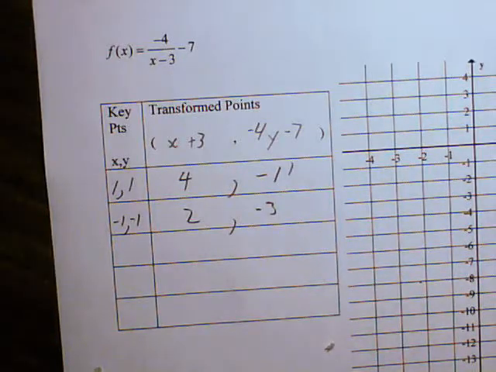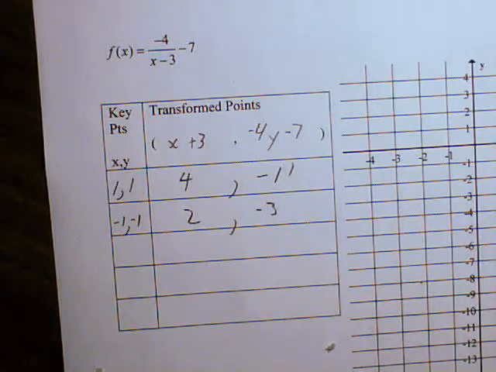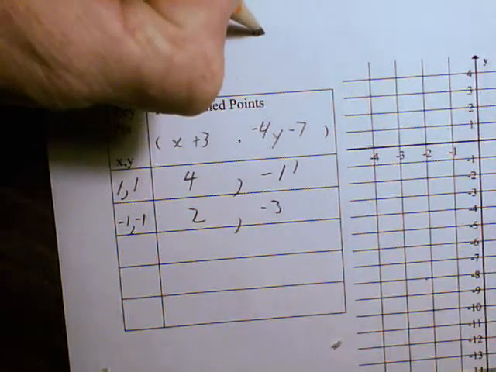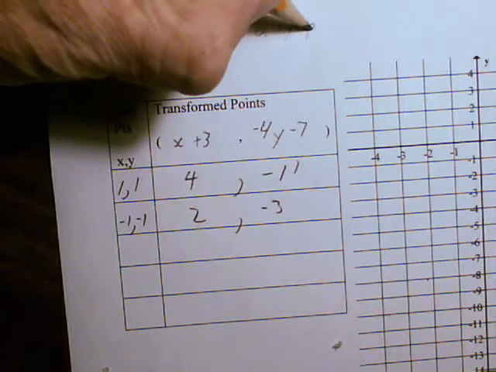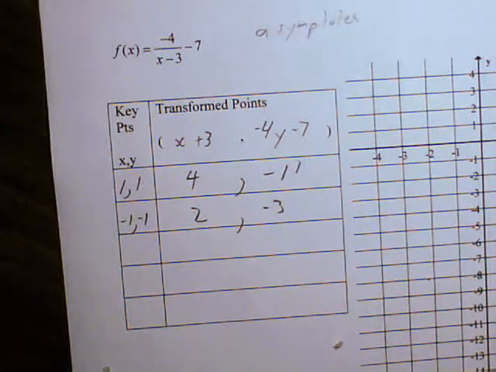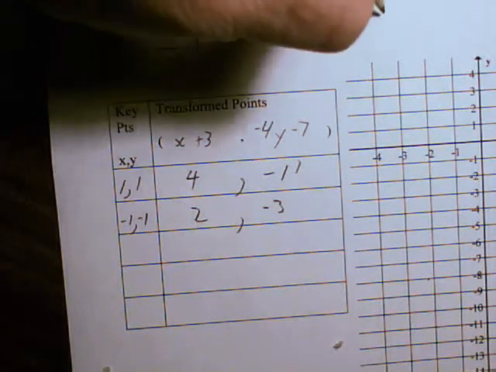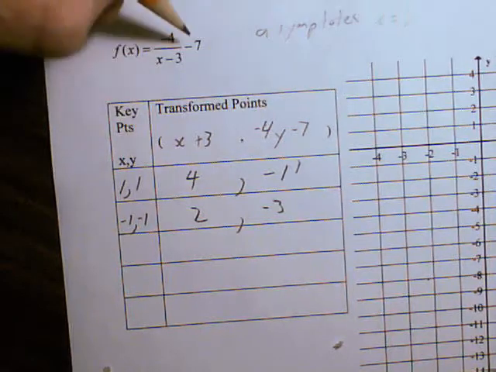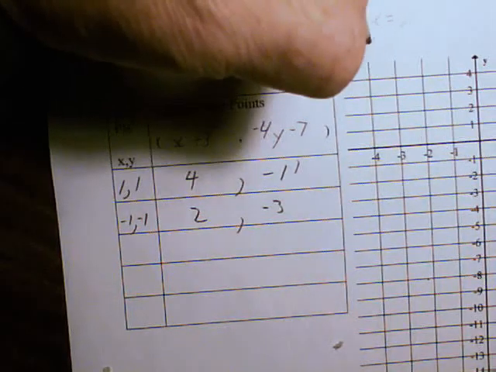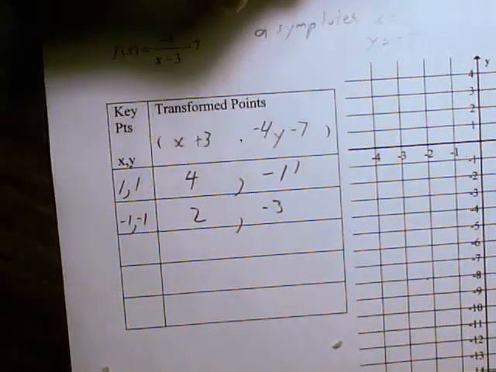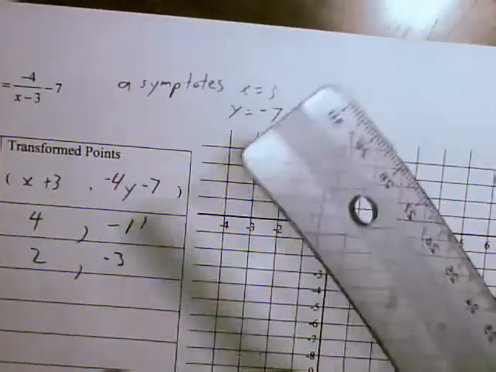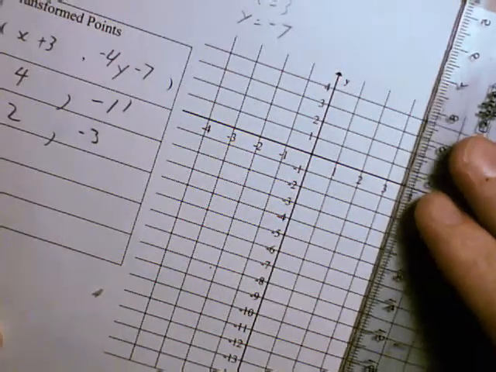To make it easier for myself to visualize this, I'm going to draw in my asymptotes. My asymptotes are at x equals 3 and y equals negative 7. So x equals 3 is right here.